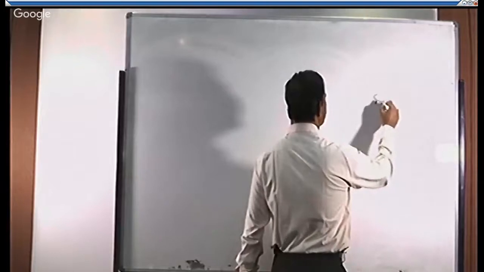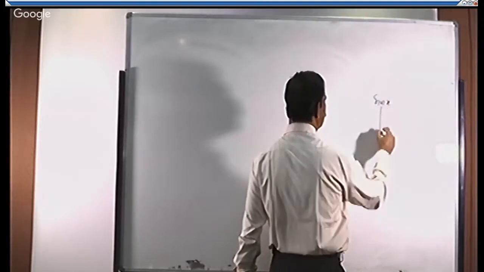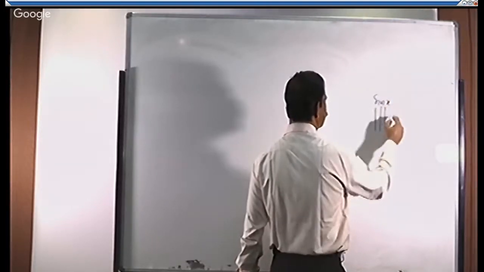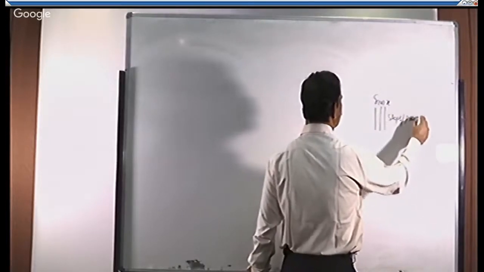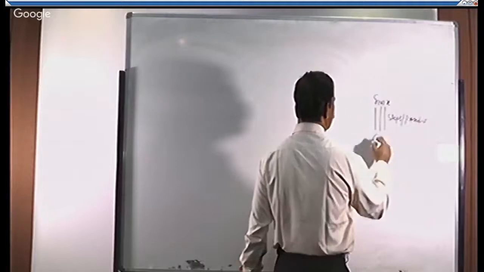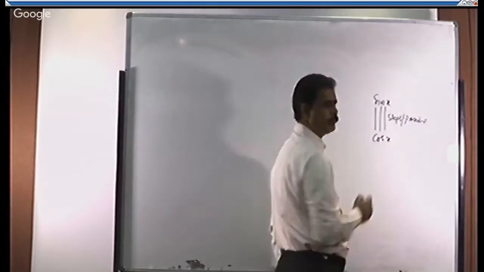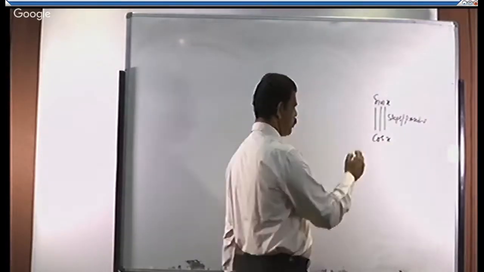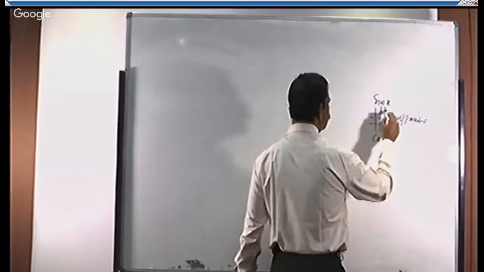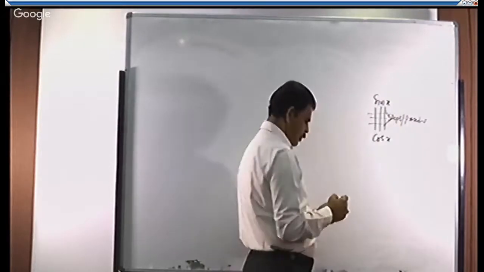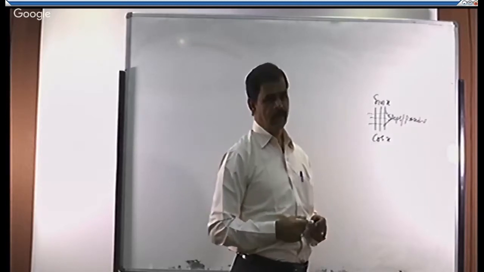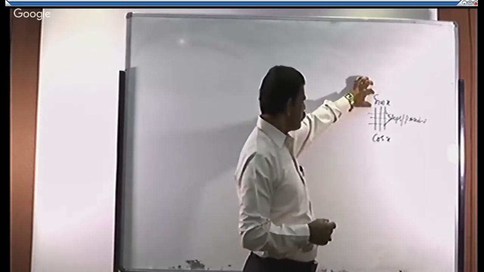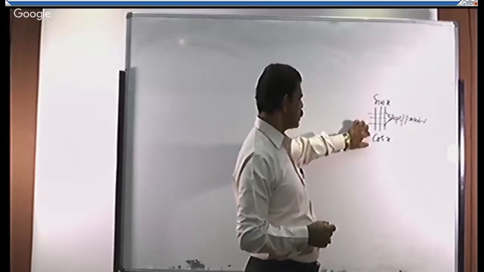We have taken sin x, and by using a number of steps or procedure, we got cos x. Whatever steps you follow here, those steps or procedure is called differentiation. Differentiation of sin x is cos x.